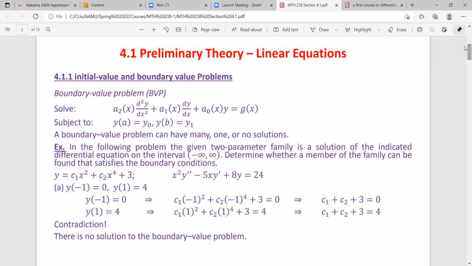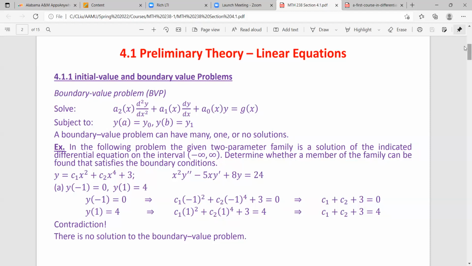So the first example says, in the following problem, the given 2-parameter family is a solution of the indicated differential equation on the interval from negative infinity to positive infinity. The differential equation we have is x squared y double prime minus 5xy prime plus 8y equal to 24.